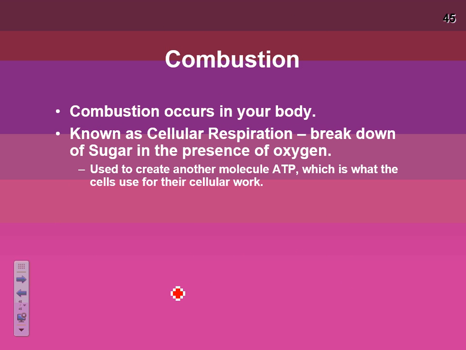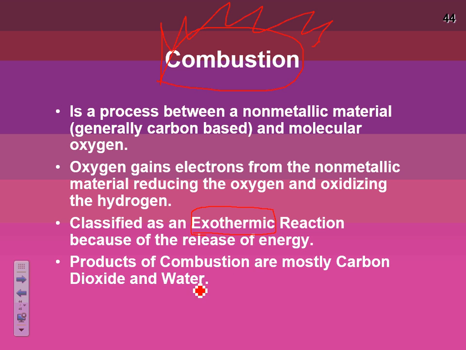Something else you need to be aware of is the release of energy. The release of energy is very important, so make sure that you talk about energy as a product.